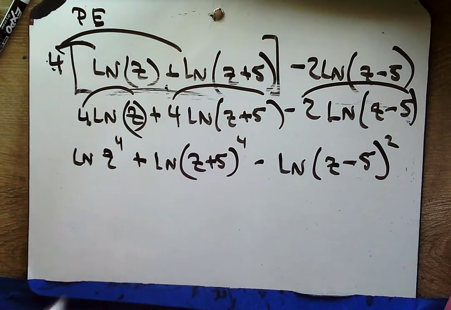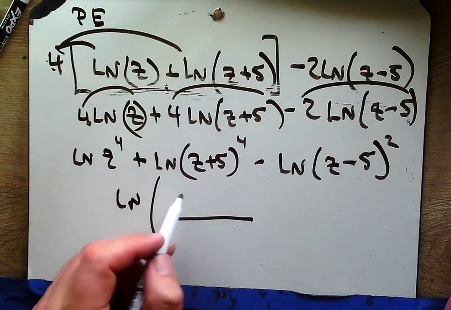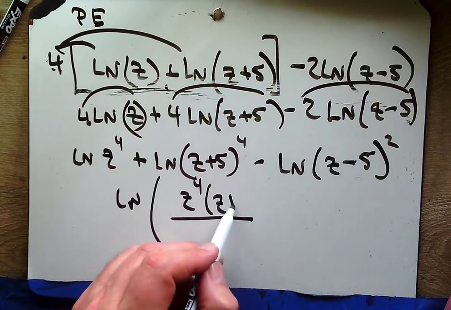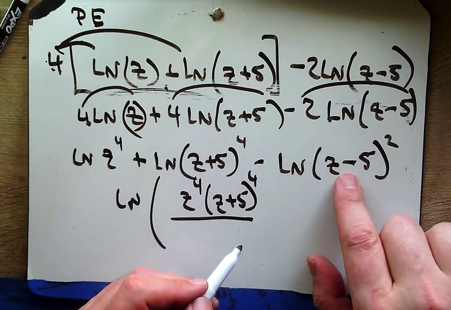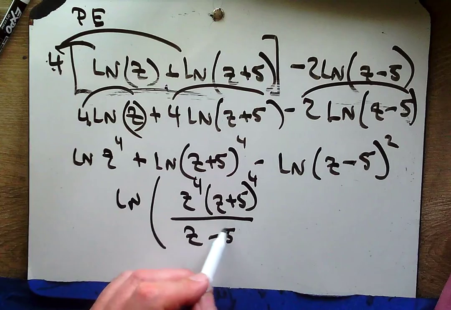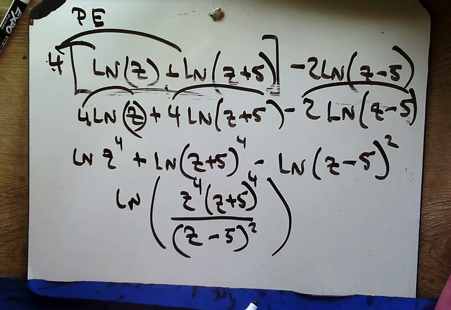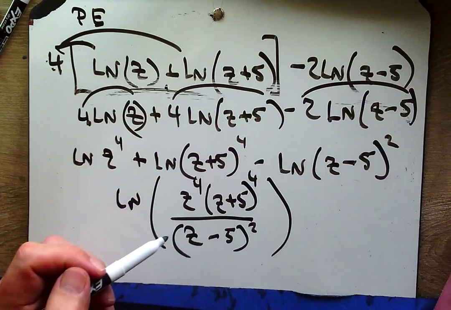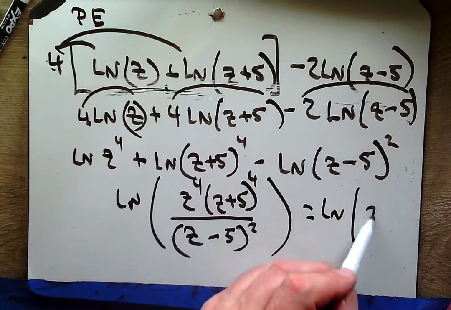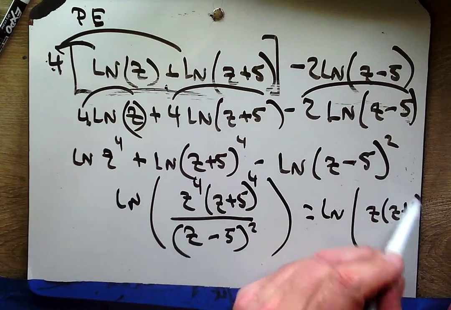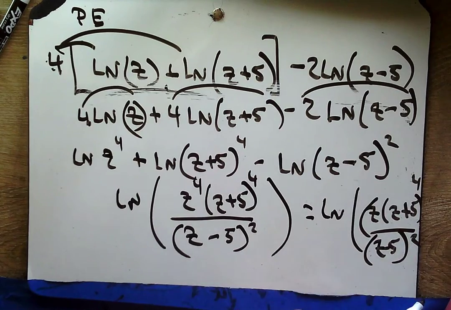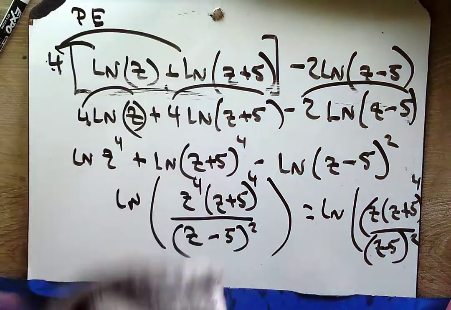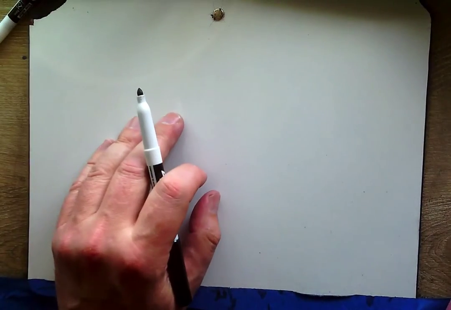Oh, these are joined with addition, so I can have z to the 4th times (z plus 5) to the 4th, and this says I can do some division. So (z minus 5) to the 2nd. And since both of these are raised to the 4th, you could certainly write this as ln of (z plus 5) to the 4th over (z minus 5) squared. And that was my answer the way I did it. You'll get to the same place. I kind of like that there's a little flexibility here on how I approach these problems.